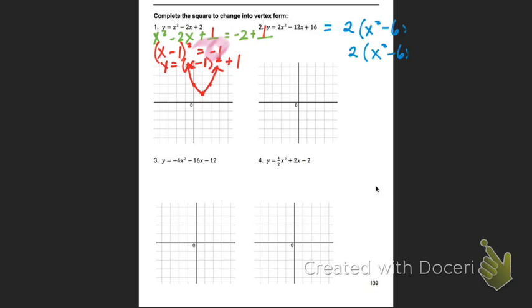You need to move the 16 over first before you take the 2 out, because you want to keep the -16 the way it is. So I'm just pulling the 2 out, -16 plus blank, because the 2 comes back in. So instead of dividing, we're going to just pull it out in front.